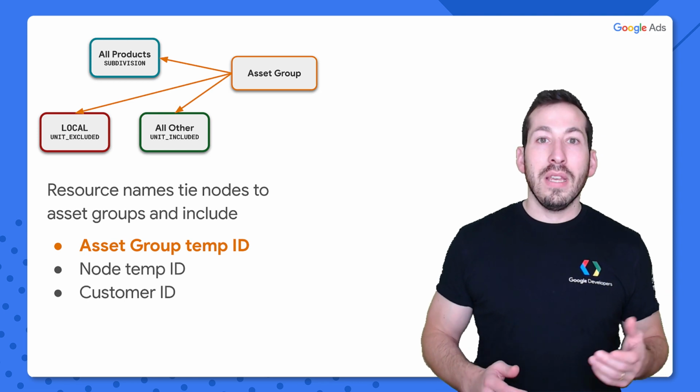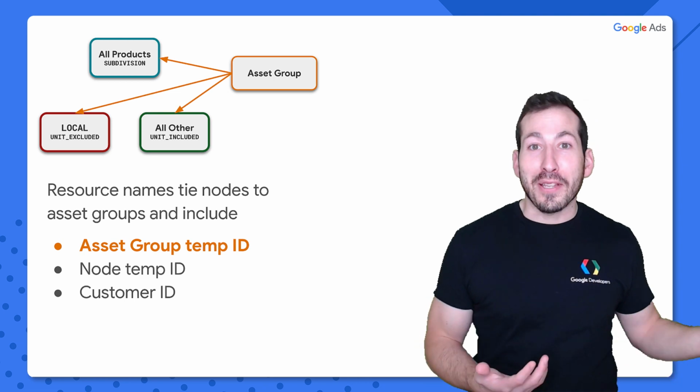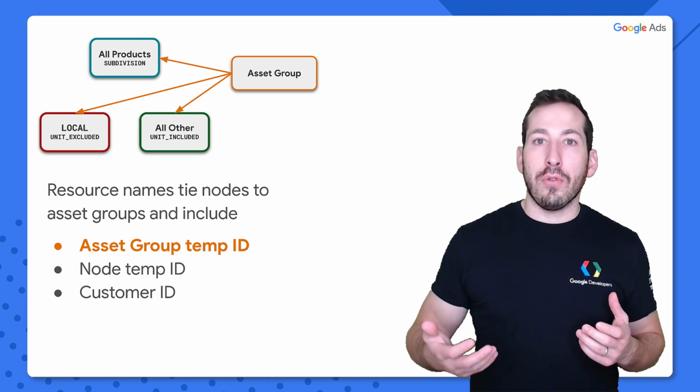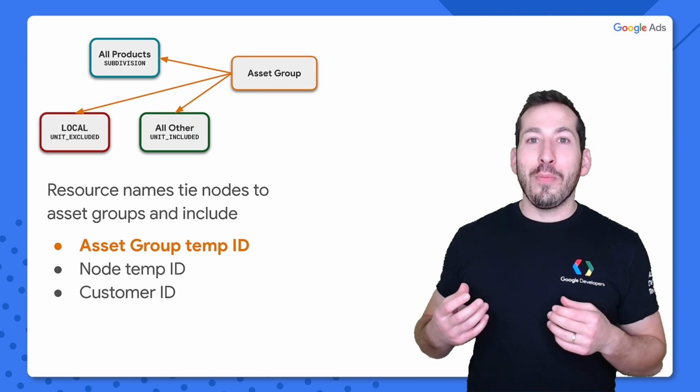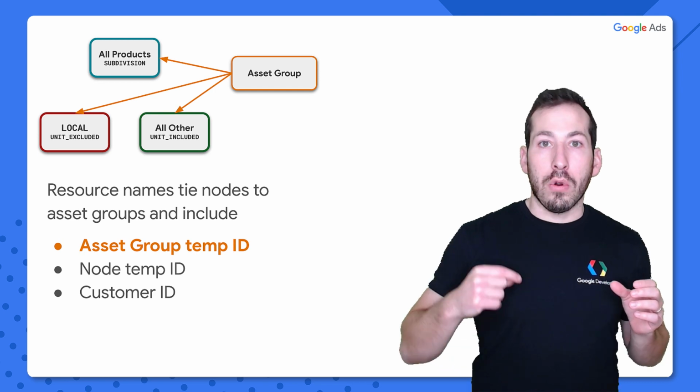So first of all, each one is associated with a given asset group. Well, that makes sense because of how we're using them. And the way that we specify the given asset group is by including the asset group ID in the resource name of the node that we're creating.